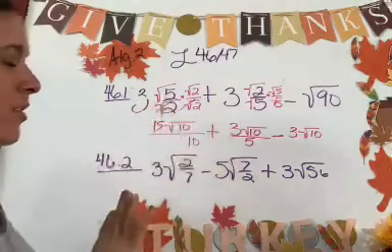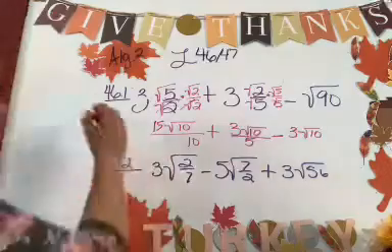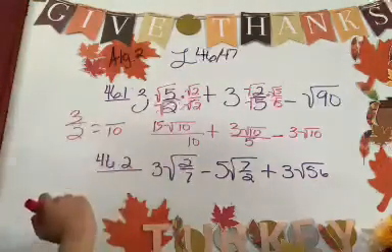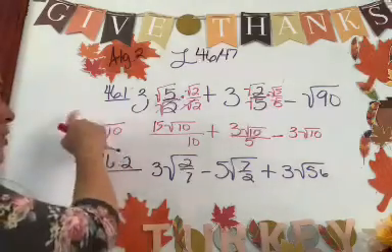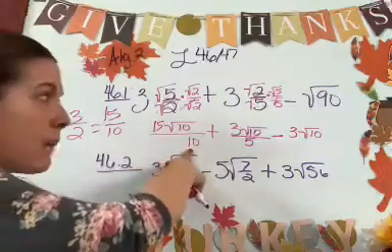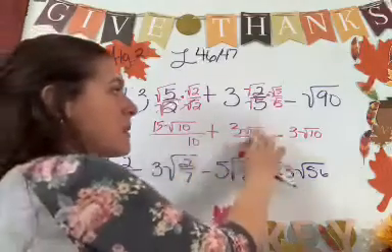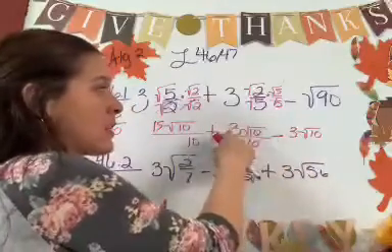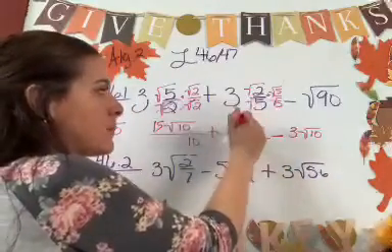Okay? And if you're like, Miss Jessica, what in the world did you just do? Remember, it's just 3 over 2 is what you had right here. You need to make the common denominator 10. 2 times 5 is 10, so 3 times 5 is 15. So I just changed it right here instead of writing it all again. Same thing here. This needs to become 10, so 5 times 2 is 10. So 3 times 2 is 6.